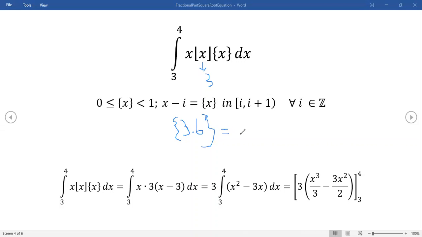Since I'm having such a hard time writing, folks, I'm just going to put 0.6 there. But notice that's the same thing as just looking at this value right here, this x minus the floor of x. That would be the same thing as doing 3.6 minus 3.